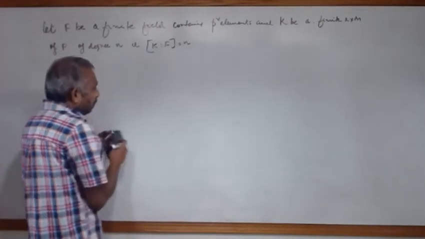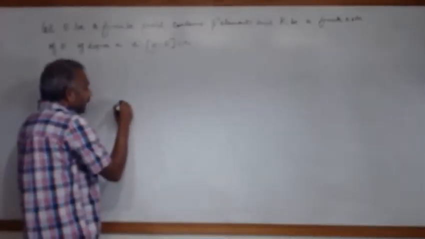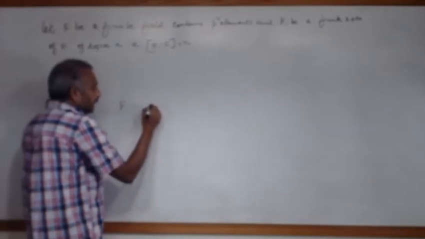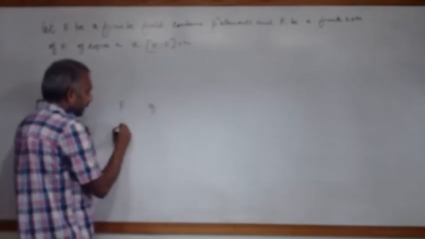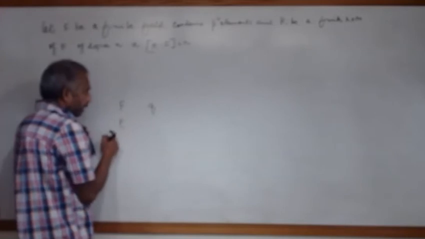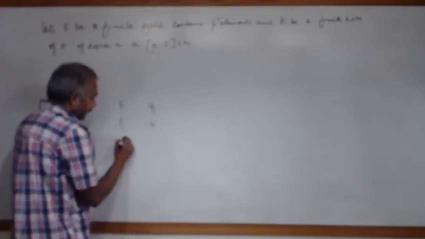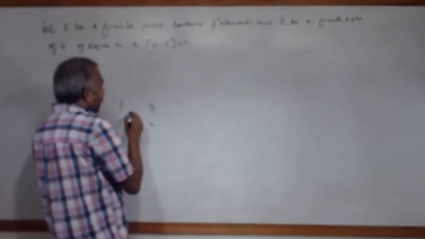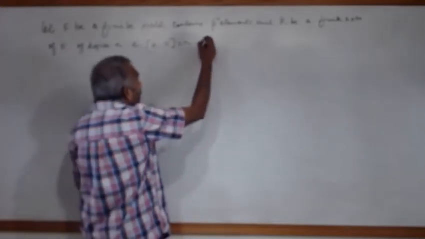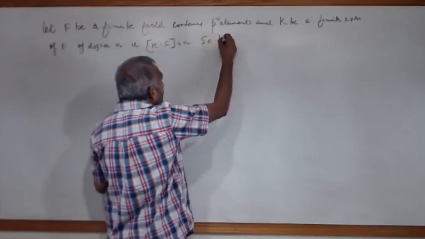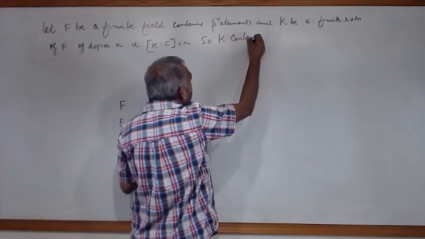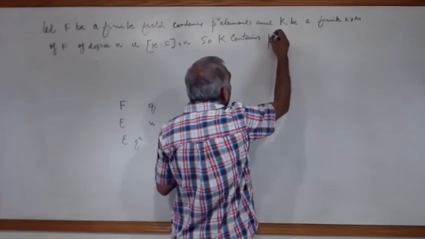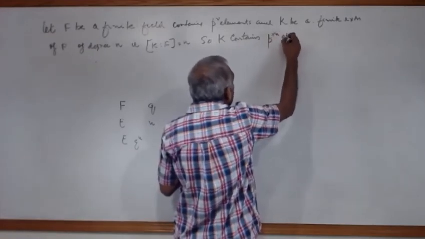And we also know that if F is a finite field that contains q elements and E is a finite extension of F of degree n, then E contains q to the power of n elements. So we'll apply this result here. So K contains p to the power of rn elements.